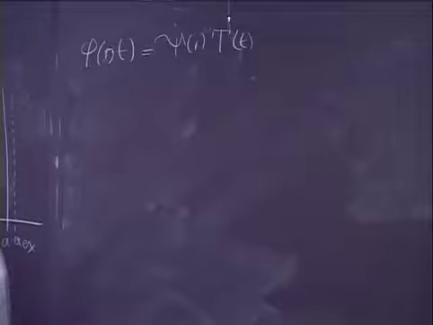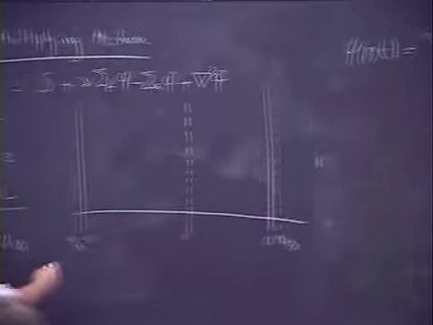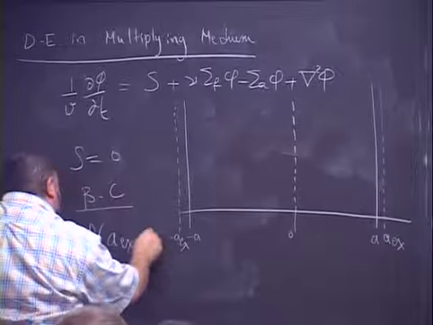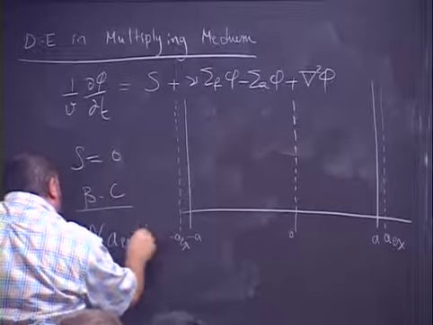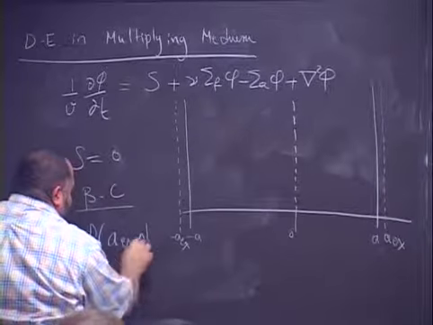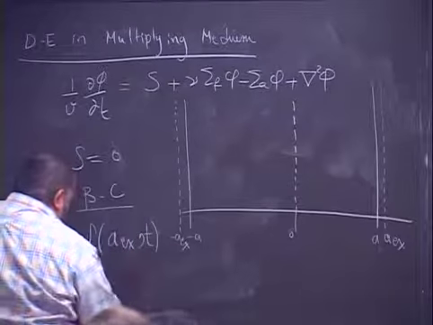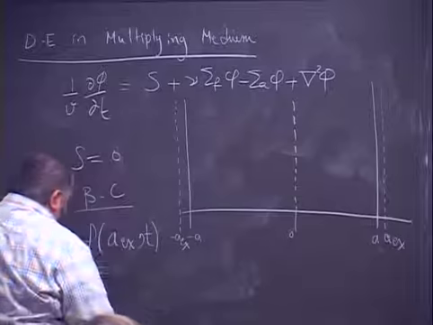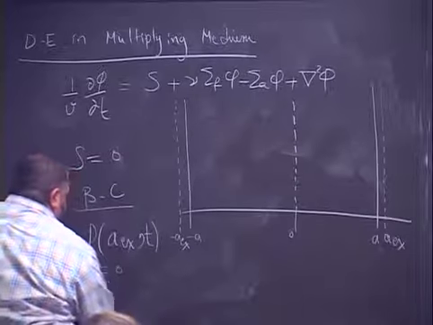The boundary condition is just the flux at the extrapolated boundary. If we are talking about one dimension, the x domain, phi at x equal to A extrapolated, at any time, is equal to 0. This is the boundary condition.